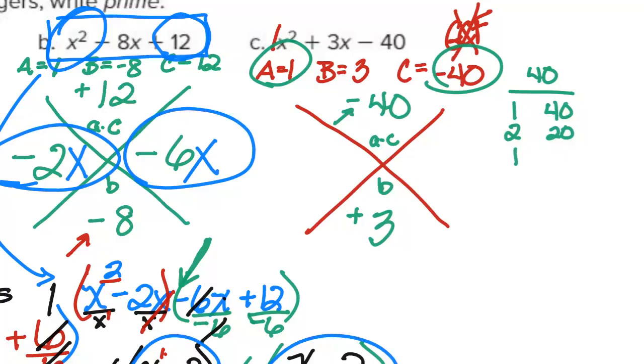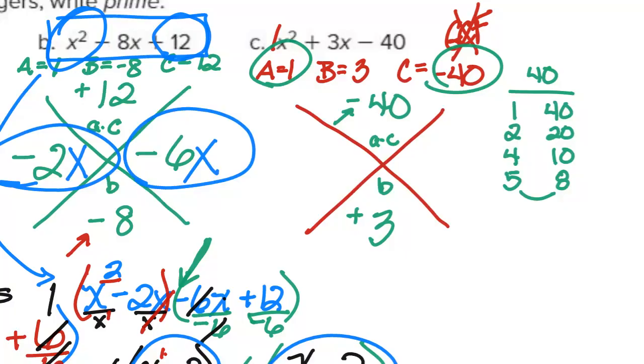How about 4? Yeah, 4 and 10. How about 5? 5 and 8. How about 6? No, how about 7? No.